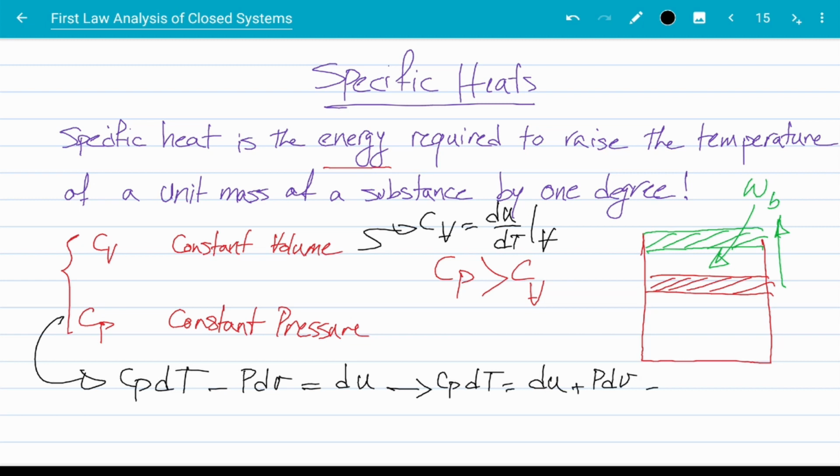Now du plus P dv is actually the enthalpy. So Cp is actually dh over dT at constant pressure. Let's write that down here.